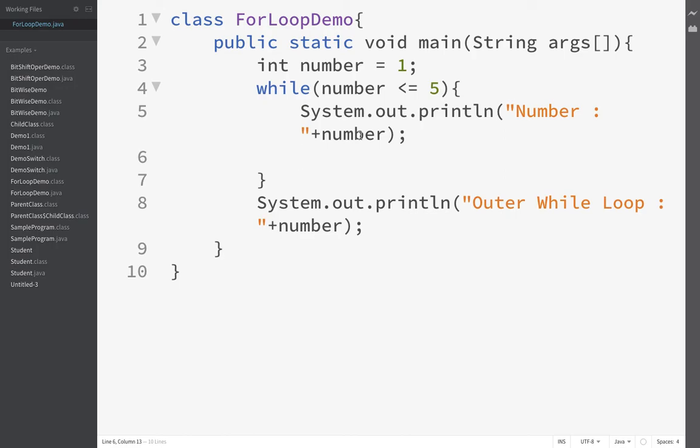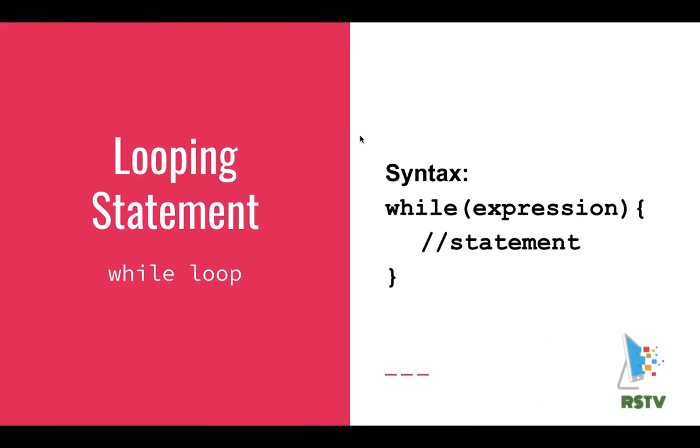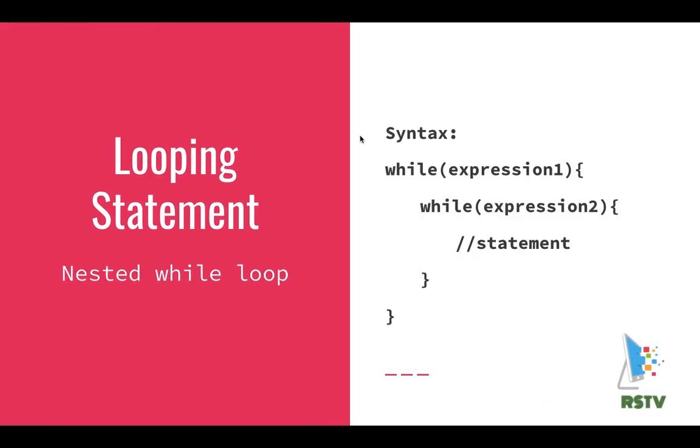Like that, here also we can use nested while loops. See the syntax: while expression 1, inside another while expression 2, and the statements. Like that we can declare in real time also, based on your requirement.